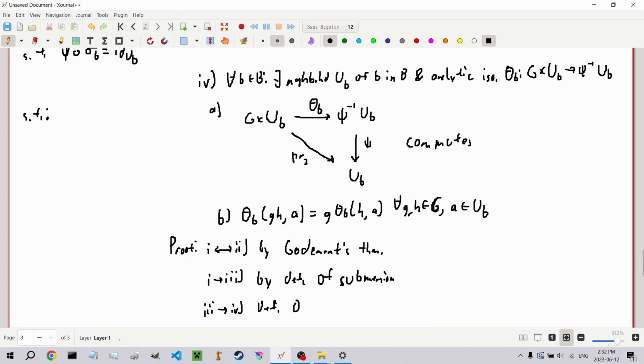So we're going to define theta of G to be the map.